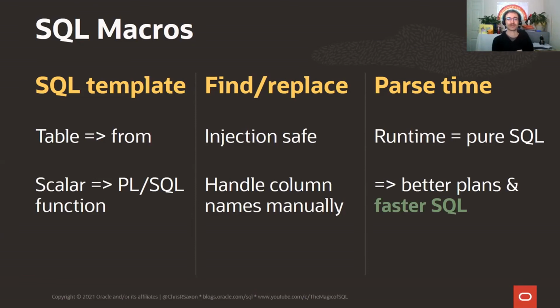You've got pure SQL. So that means at runtime, there is no context switch. We've got the performance of pure SQL with the maintainability of PL SQL. So not only have we eliminated that context switch, the optimizer can help find better plans. Okay, like I say, not guaranteed, but in some cases it can make quite a big difference.